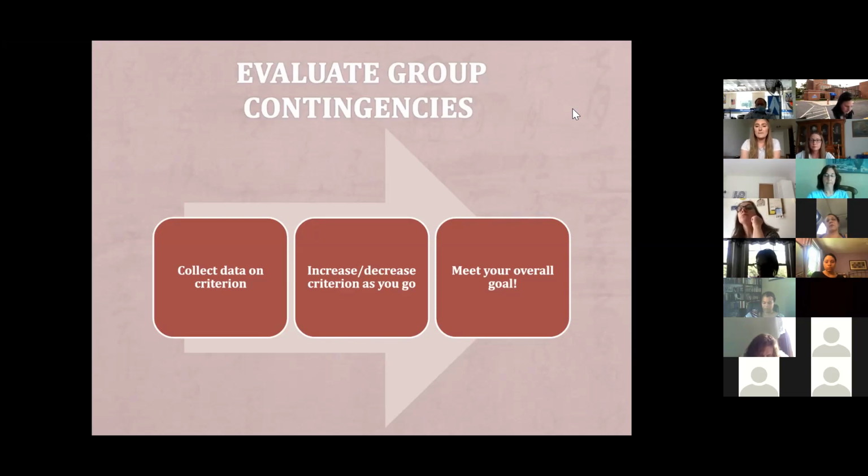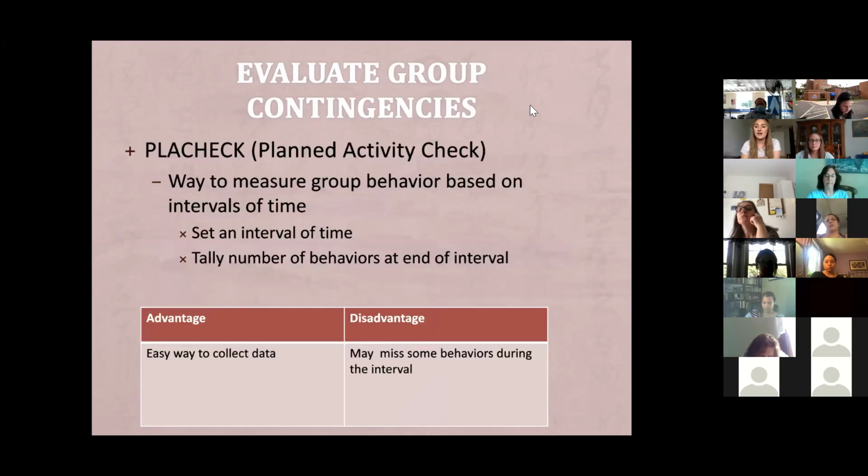So with that being said, there is a way to take data based on the research. What we found is the easiest way for teachers to take data is something called a PLA check, which is a planned activity check. This is a way to measure group behavior based on the time intervals that I was previously talking about.